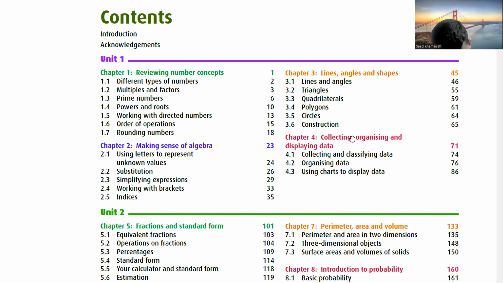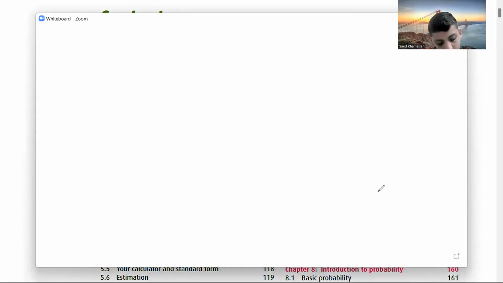So here let us go. And we need to share a screen of the whiteboard. Here, mathematics.